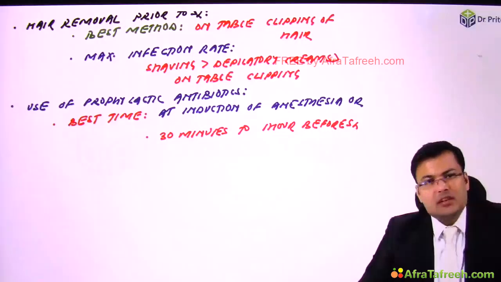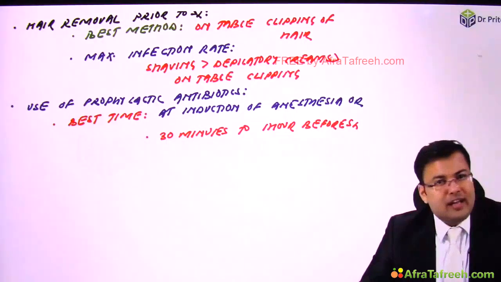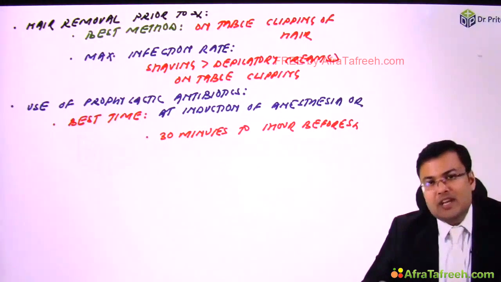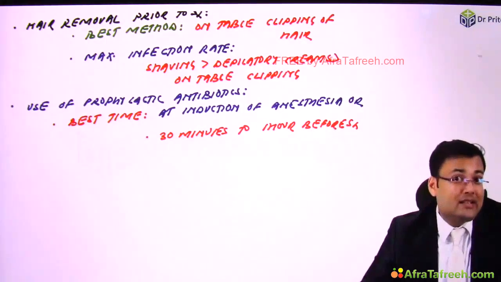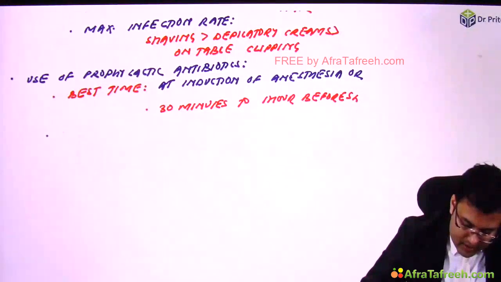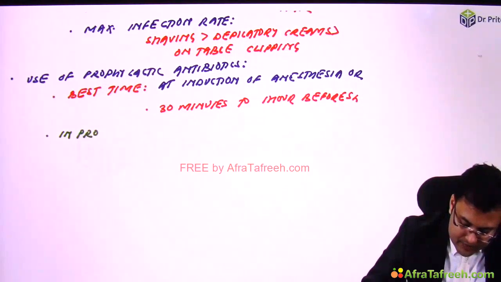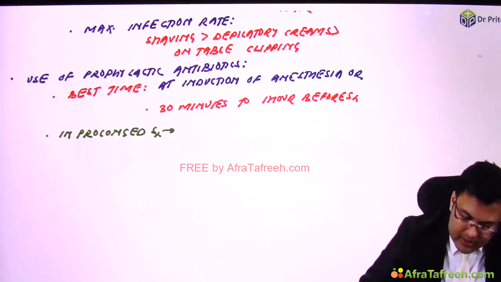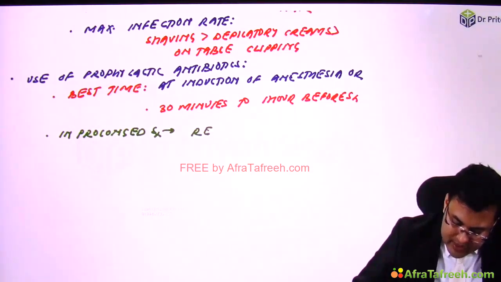Now second question, suppose the surgery is prolonged. In prolonged surgery, after how much time should it be repeated? And the answer is after 4 hours. So the next question, which is very important: in prolonged surgeries, the repeat dose is given after 4 hours.